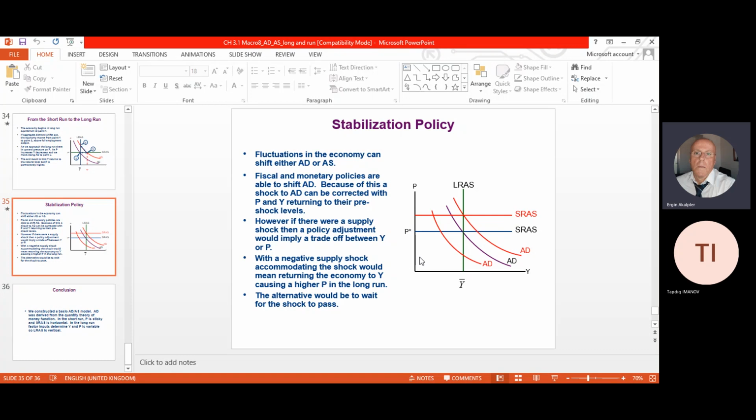The alternative would be to wait for the shock to pass and see whether the economy corrects itself or some intervention is required. This also depends on the elasticities of the supply and demand curves, which we have to determine in estimation.